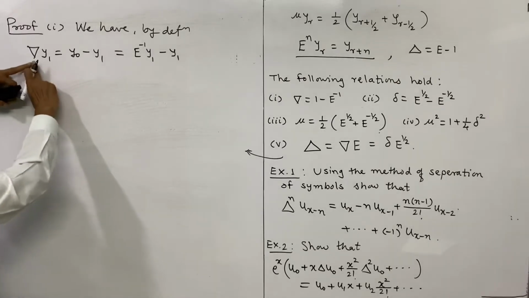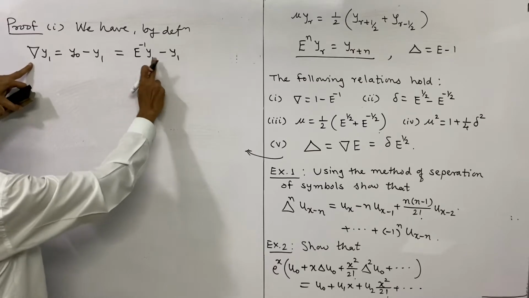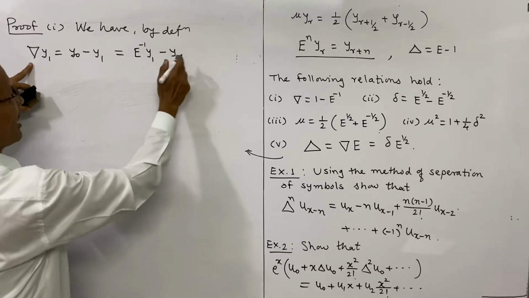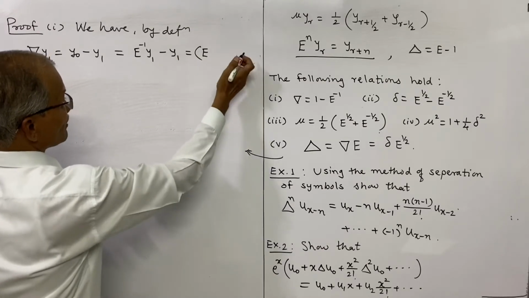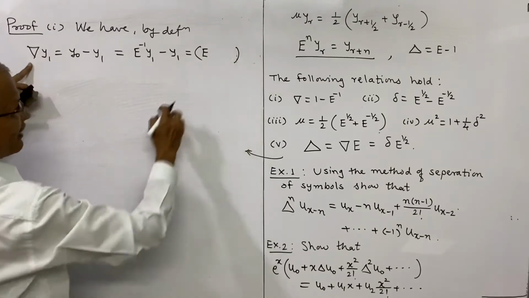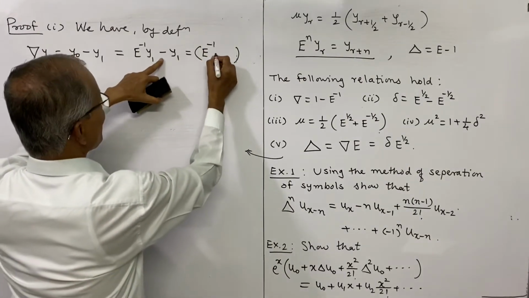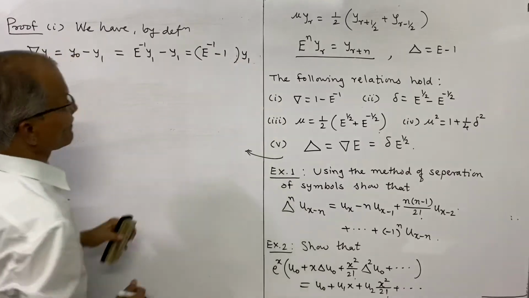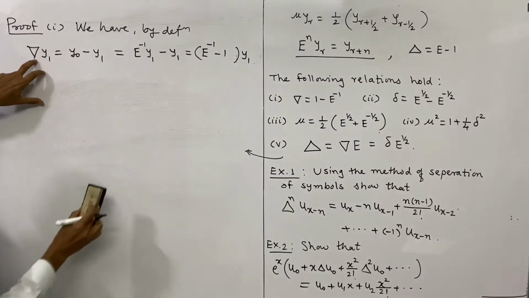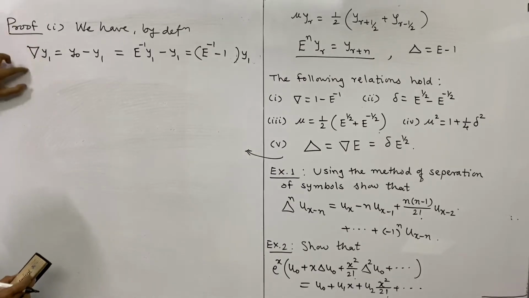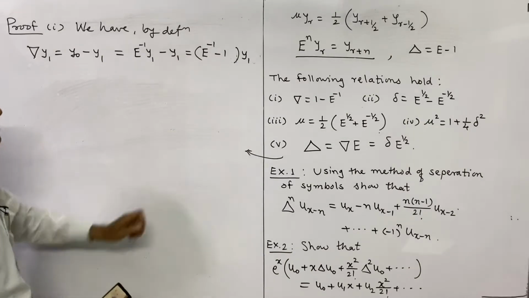So del is operated on y1 and E to the power minus 1 operated on y1, and we can take y1 common. So this is E to the power minus 1 over y1. And now equating this first and the last, both are operated on y1, so del is equivalent to E to the power minus 1.